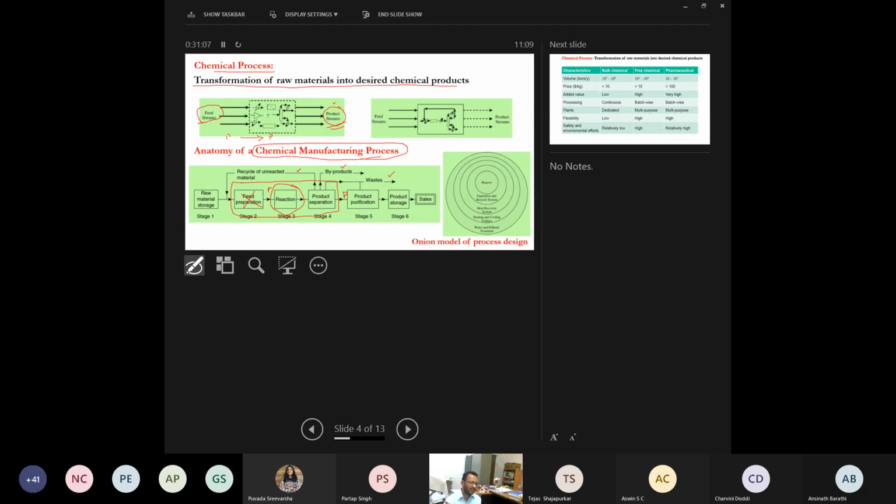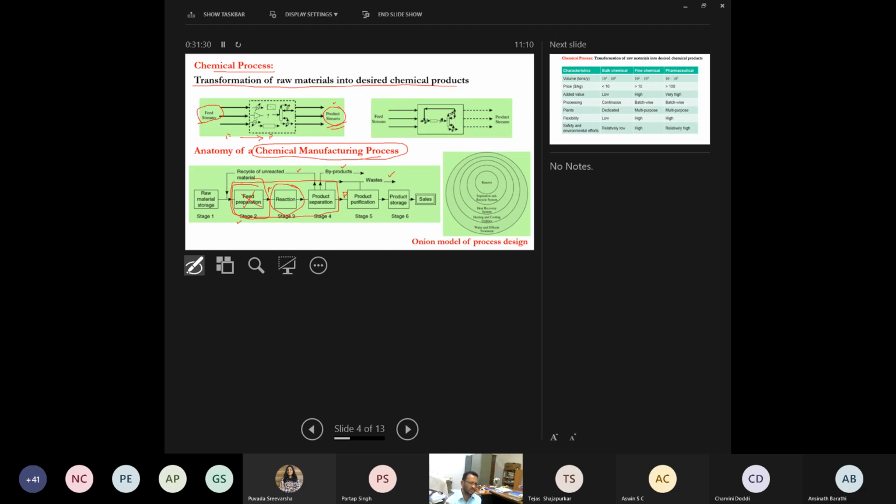Okay. So reaction, if required, you have to add stage 2, that is the feed preparation stage. So raw material is subjected to feed preparation, because your feed has to enter the reactor at a particular temperature and pressure conditions.